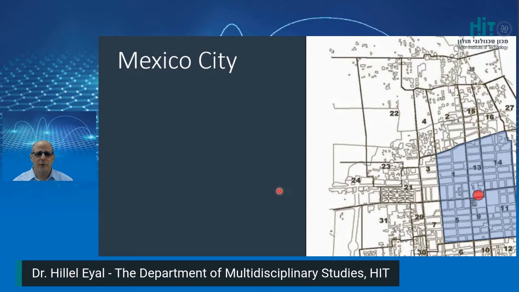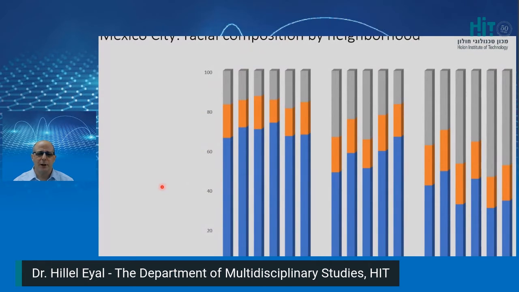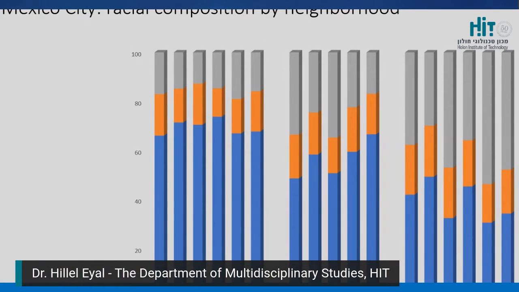Now, if we examine where people live across the city through the census, let's take a look at this chart. I divided the city into neighborhoods of the center, semi-periphery, somewhere in between, and periphery. That's the outskirts of the city.